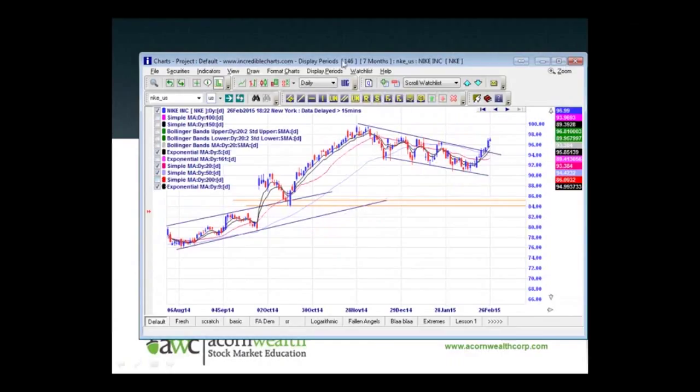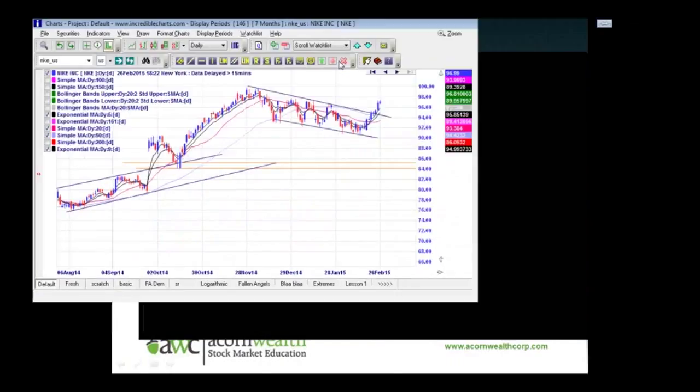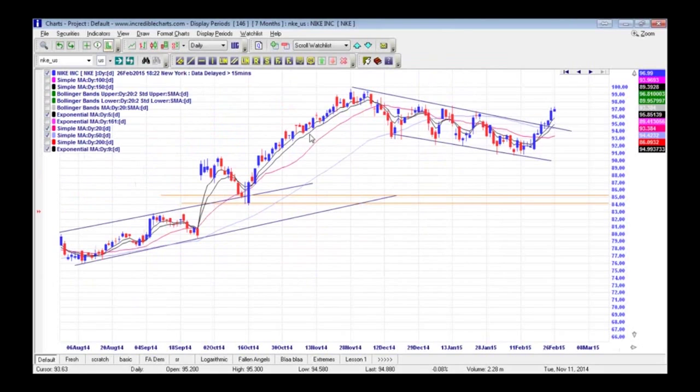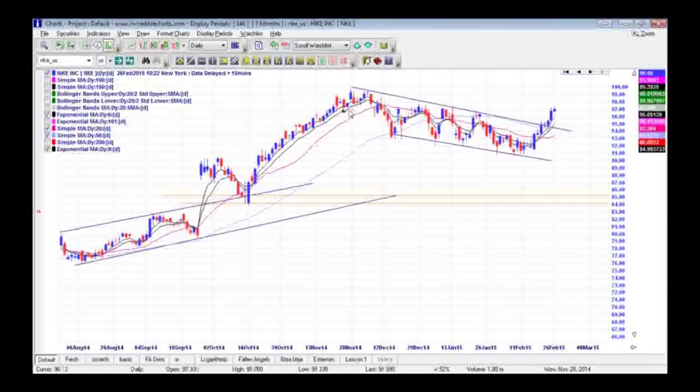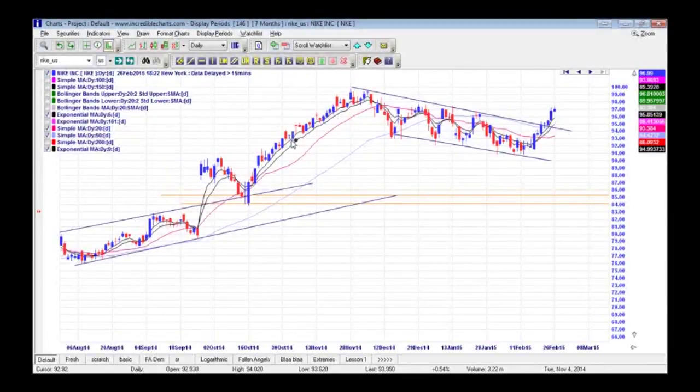How many times can you see the stock break through its 9-day moving average? The 9-day moving average is this black line here, the second black line. The 5 and the 9 are basically what's holding the stock up. How many times does it touch those lines? Almost every single day.